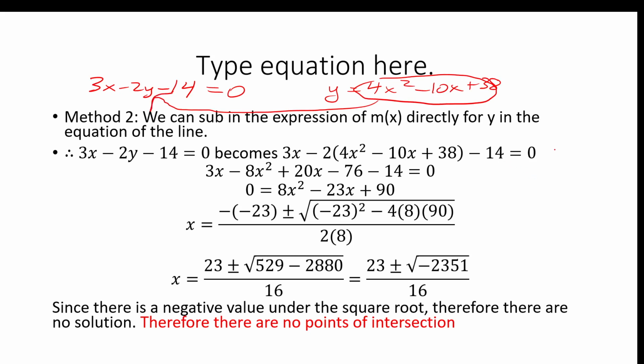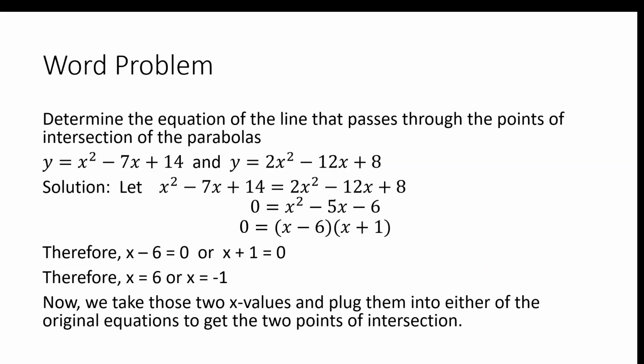That will give you the same answer of no solutions, but it would work even if there were solutions. So doing that, plugging that y expression in, we ultimately get, again, 0 equaling 8x squared minus 23x plus 90. We get the same negative value for the discriminant. We see there are no points of intersection.